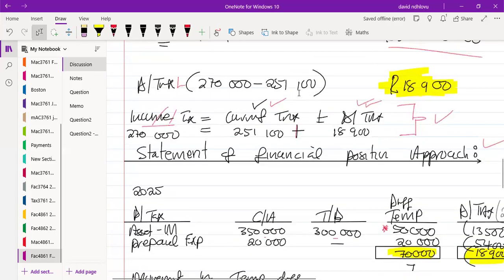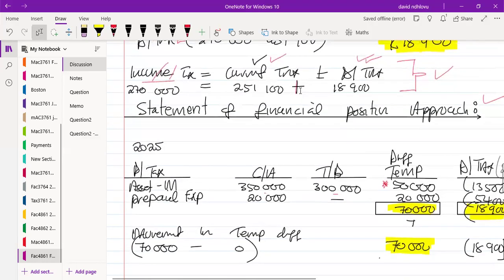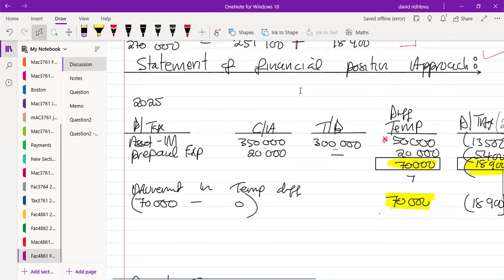Remember, whenever we calculate deferred tax and the company was in existence at the end of the previous year, when you want to calculate the movement in temporary difference, the movement in deferred tax, you calculate the current year and the prior year. Then you calculate the movement between the two. So here we said movement in temporary difference, which is your movement current year minus the prior year.